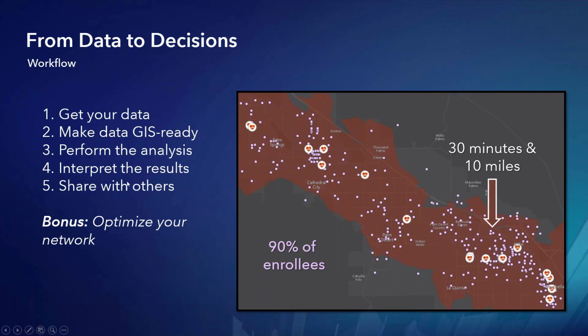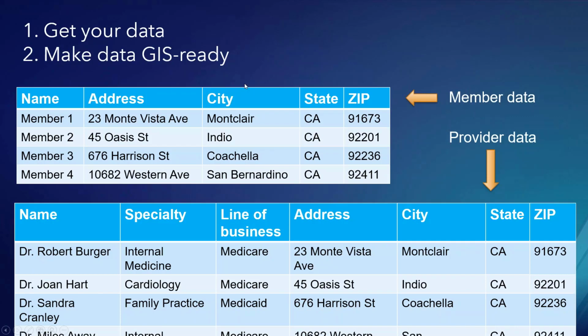So when I say get your data ready, what I'm talking about is grabbing your member and your provider data from whatever format and whatever system it's coming from, whether it's a Medicaid management system, a claims and billing system, electronic health record, or admission systems, wherever you can get access to your member data as well as your provider data, the number of both facilities and specific healthcare professionals that are providing services to the population of interest.